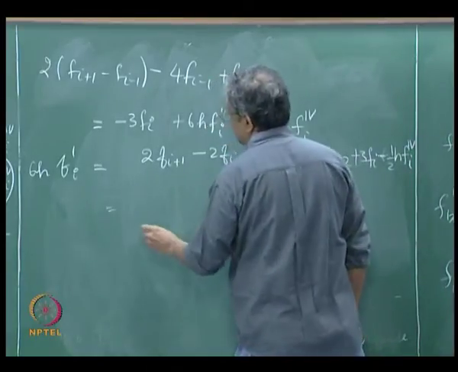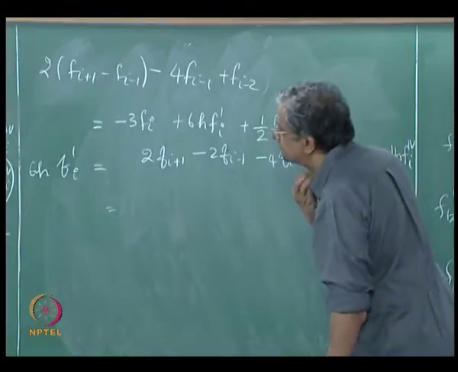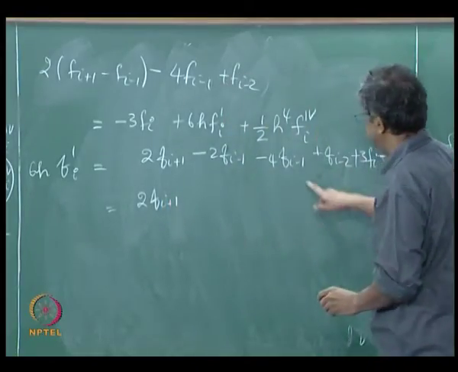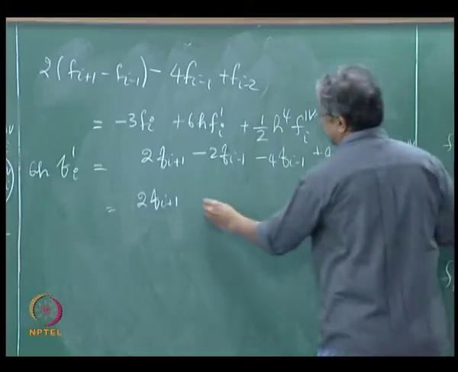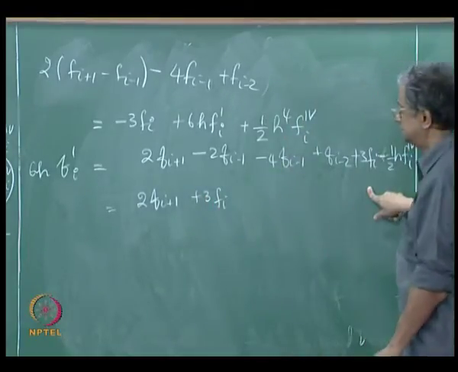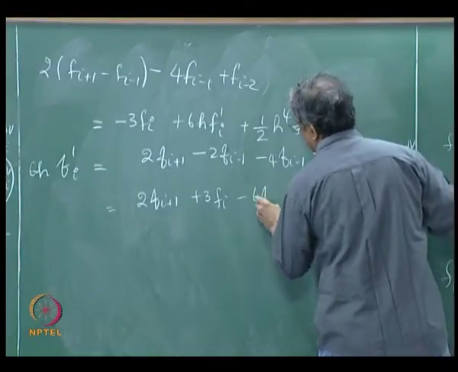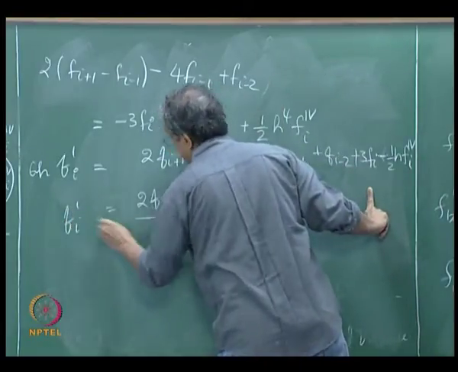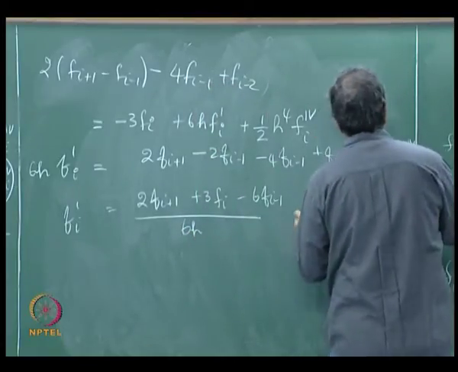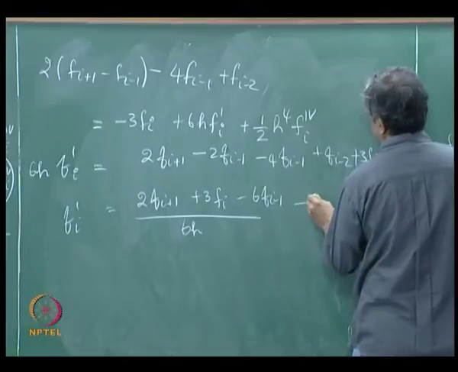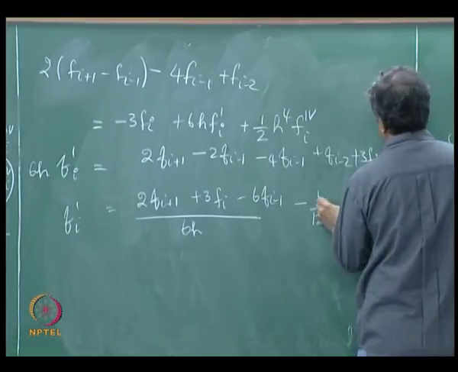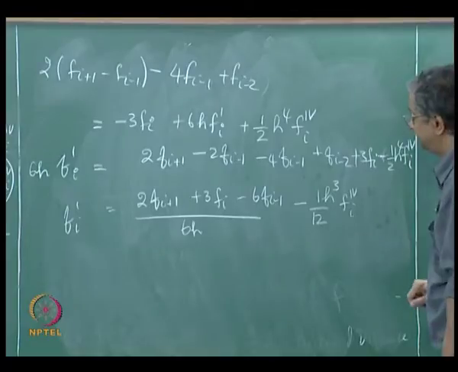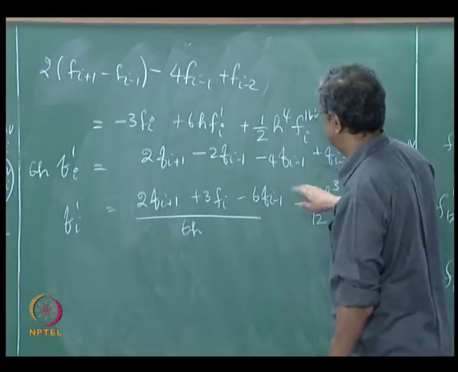This gives me, okay, 2 f(i+1) plus 3 f(i) minus 6 f(i-1) plus f(i-2), divided by 6h, minus 1 by 12 h cubed f fourth derivative at i.